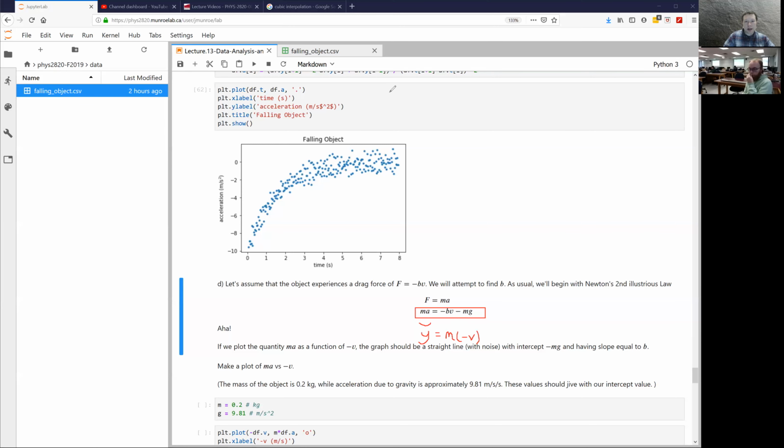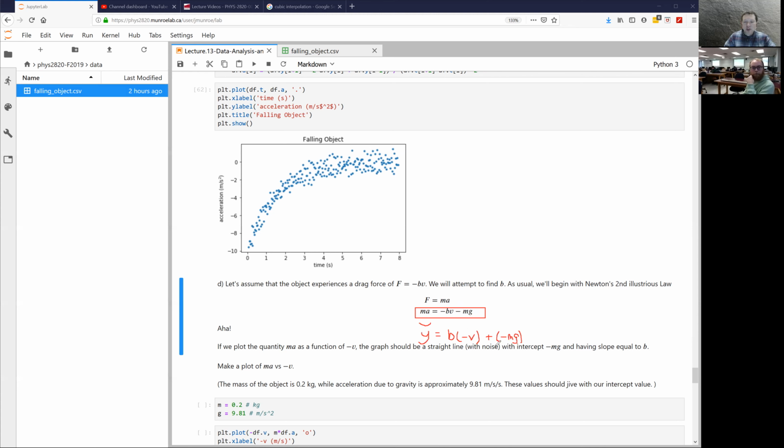Oh, m's a poor choice of symbols. I'm using m and g in two different ways. Oh, that's bad. Now b doesn't represent the intercept and m doesn't represent the slope. It represents the mass and the coefficient of friction. Oh, that's annoying. Doesn't matter. The point is, can you see this as being the equation of a line? Something is equal to a slope times a variable plus a constant.